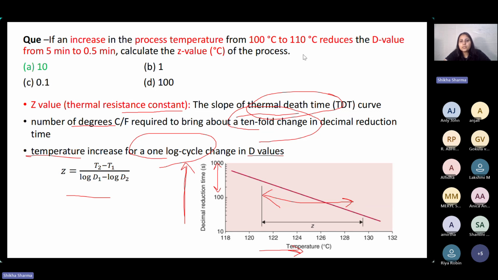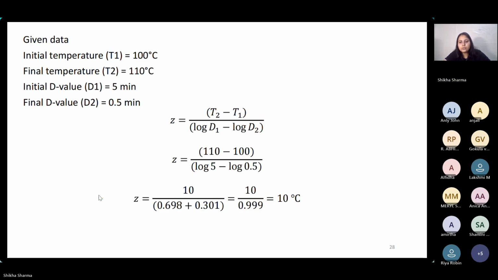So the slope here, Z value, is equal to T2 minus T1 upon log D1 minus log D2. It is given that T1 is 100 degrees, which is given in the question. T2, which is the final temperature, is 110. So we are increasing the temperature here, and the initial D value is 5 and the final D value will be 0.5.